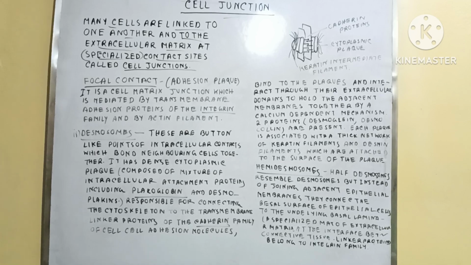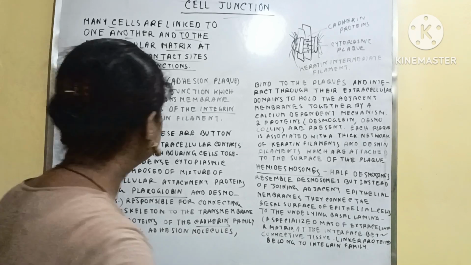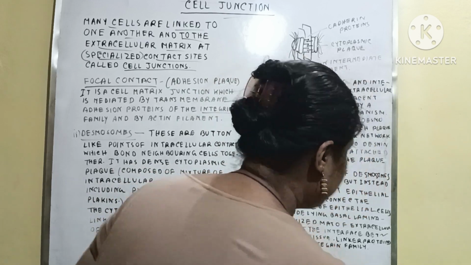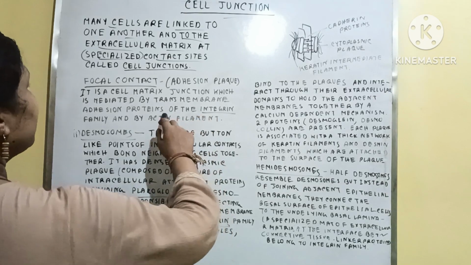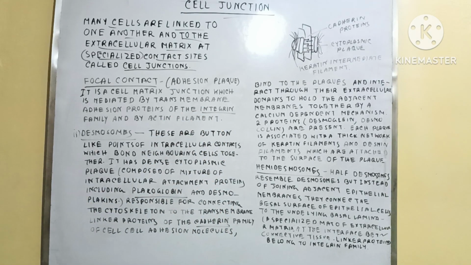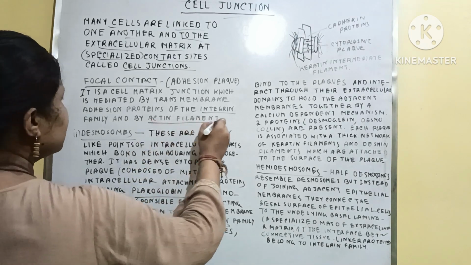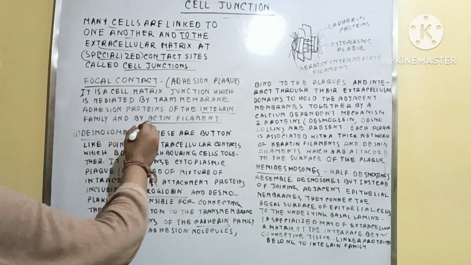Now we will learn about the focal contact. What is the focal contact? This is the adhesion plaque. This is a special matrix junction mediated by the transmembrane adhesion proteins of the integrin family. This junction is seen near the actin filament, or occurs through the actin filament.